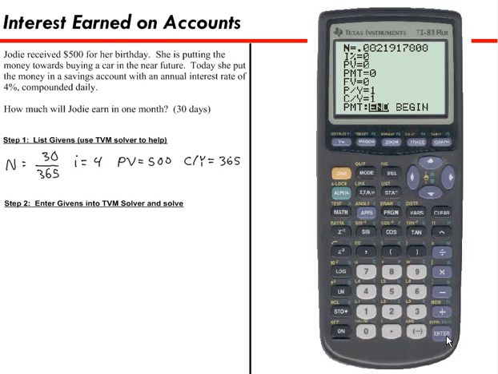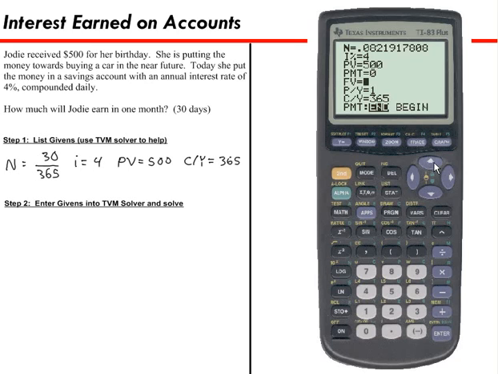It puts it into a decimal. I is given as 4%. We can just enter that number in. Present value is 500. I'll hit enter. Payment I'll leave alone. Future value I'm also going to leave alone because that's what we're solving for, so I'll keep that a 0. Finally, the compounding periods per year. Well, it's compounded daily, so I'll enter 365.